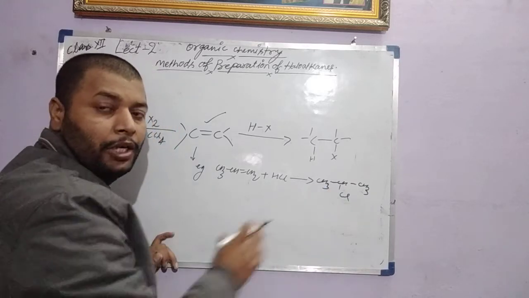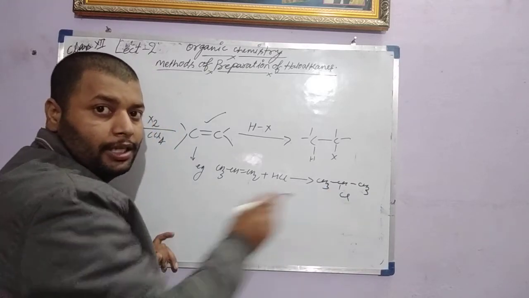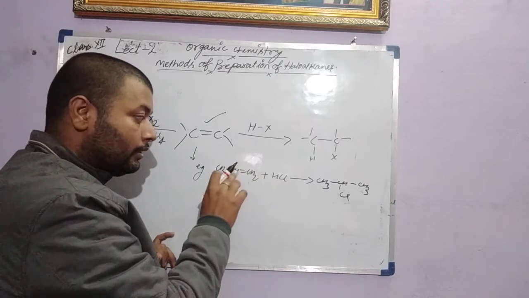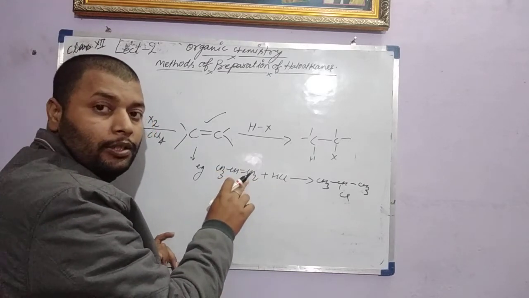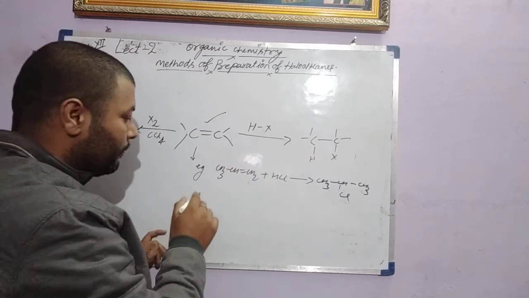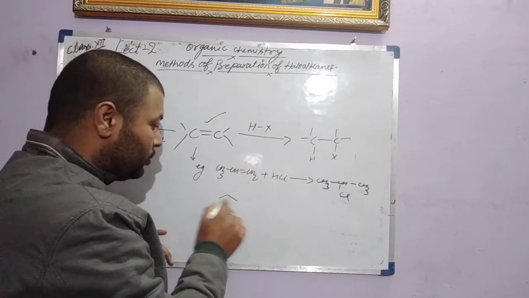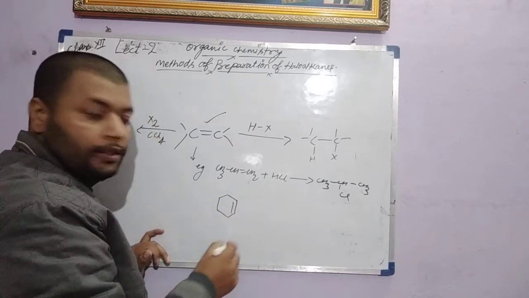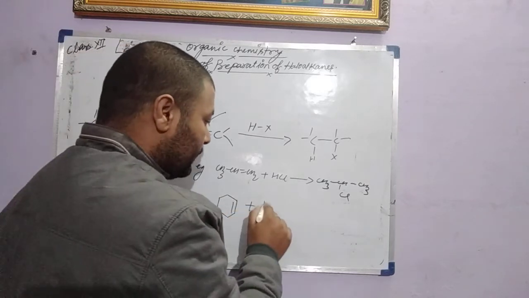This is called Markovnikov addition. Hydrogen always attaches to the carbon of the double bond which already has more hydrogens. Another example, suppose we have a double bond and we have to take HBr.